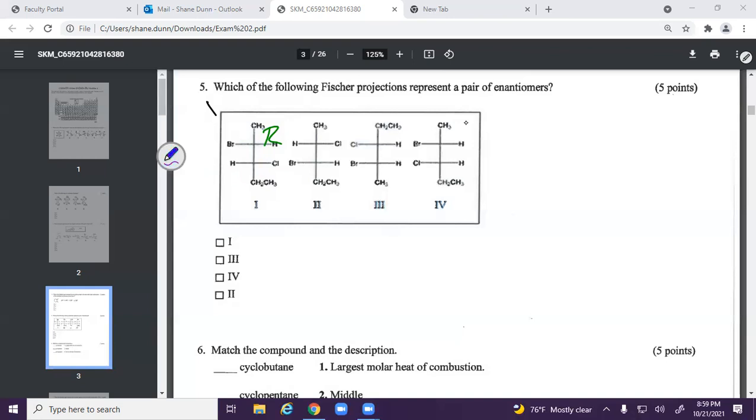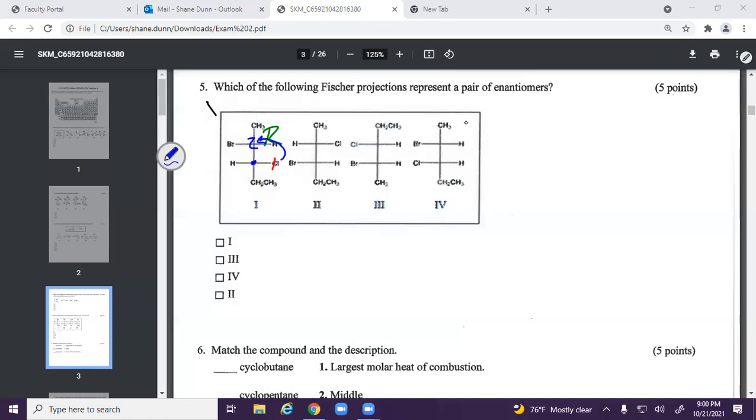For this chiral molecule, what's the highest priority? Chlorine. Good. Next, what's up? The one up or down? Cl, the one up. Good.